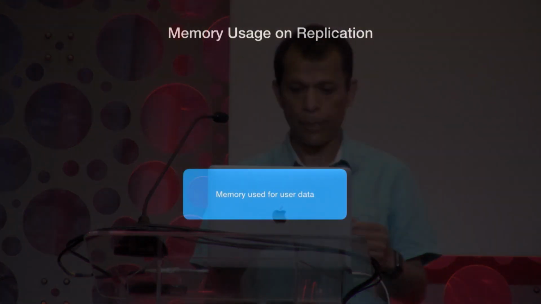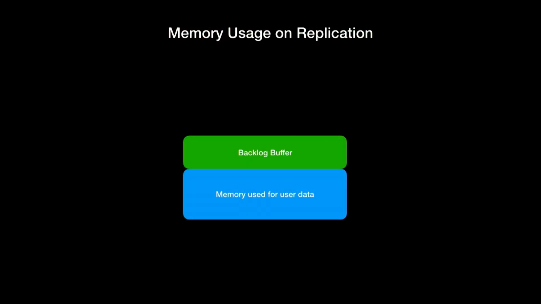So next, I want to dive into a very key topic, memory usage on replication. The job of Redis is to store your keys and values, so a large amount of Redis memory is used for that purpose. Then there's this backlog buffer that I talked about. And Redis has this max memory setting.